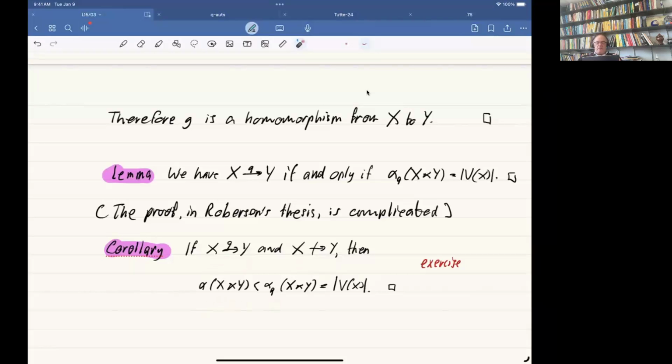So what this is telling us is that if we have examples of graphs that are quantum isomorphic but not isomorphic, then we're going to get examples where alpha and alpha_q are different. At this point, we're trying to understand these quantum parameters, and the first question is when do they disagree and when do they agree? What this is telling us is a relation between when things break down on the homomorphism level and when things break down on the coclique level. Any questions at this point?